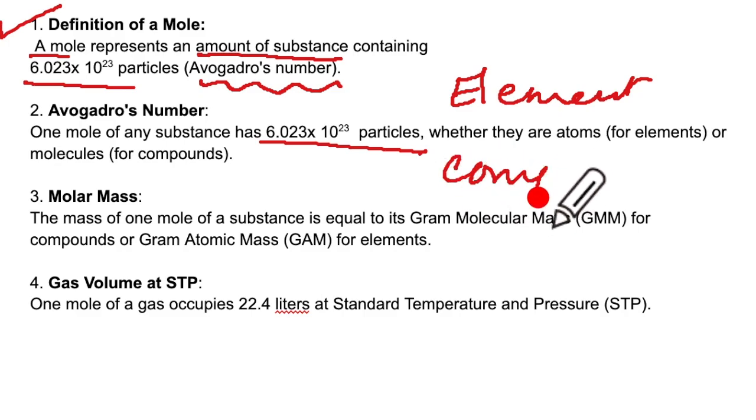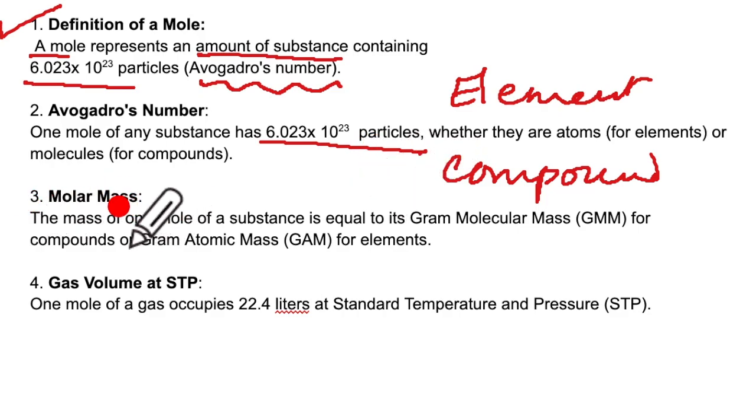If it's a compound, then it will have 6.023 × 10^23 molecules. If it's an electrolyte, then it will have that many ions.